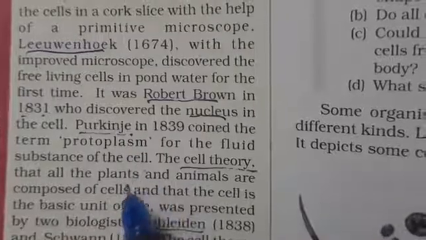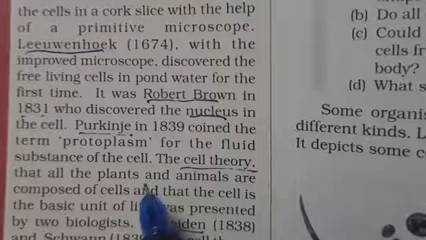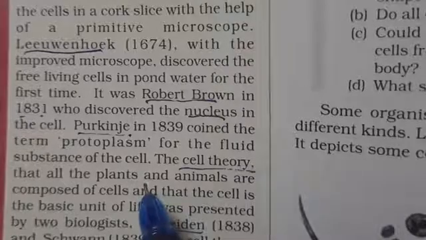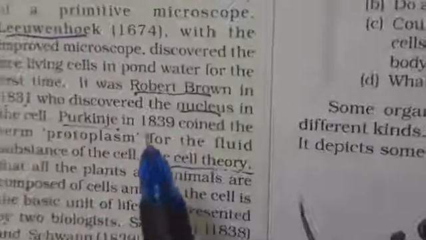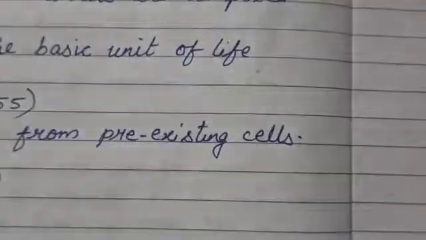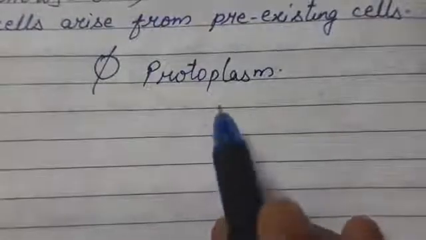Protoplasm is the fluid part of the cell. You must have heard about cytoplasm, children. In class 8 you studied cytoplasm, but now you are hearing protoplasm for the first time. So what is the difference between protoplasm and cytoplasm?